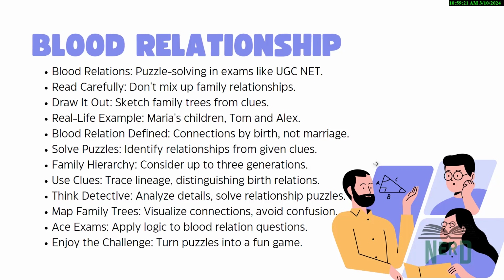So in essence, these questions are asking you to map out a family tree based on certain clues, distinguishing between relationship by birth, like parents and siblings, and by marriage, like in-laws. It's like being a detective for a day, tracing the lineage and connections between a family based on the hints you're given.